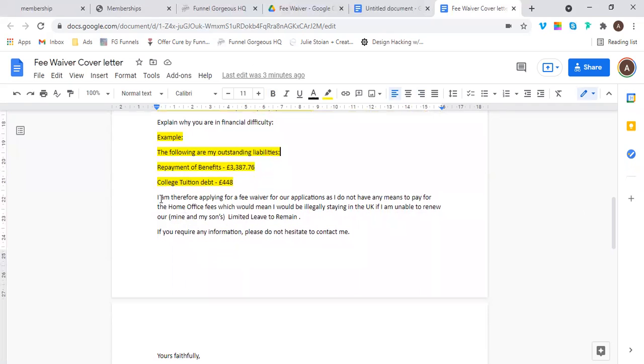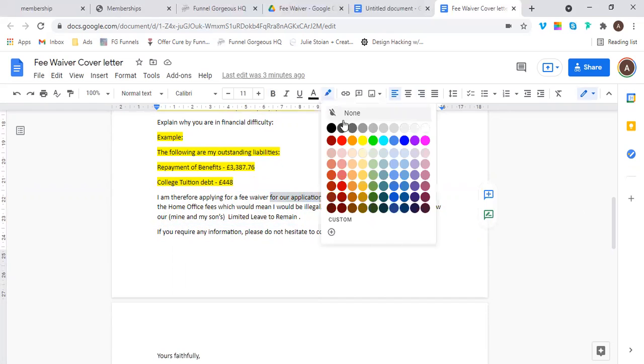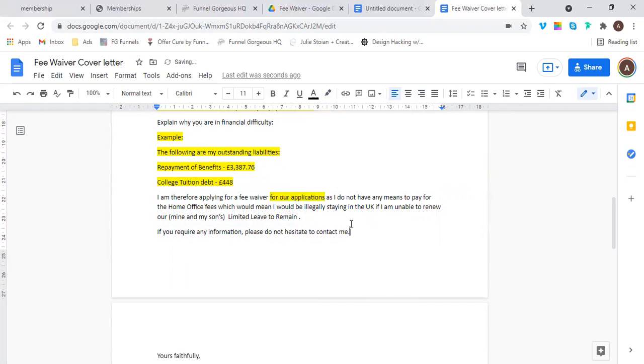And then I've included, I am therefore applying for a fee waiver for our applications. So it can be for my application. Again, this needs to be changed according to your situation. In this case, it's a mother applying for 3 children, and I've used her letter to give you an example of how you can come up with the letter.